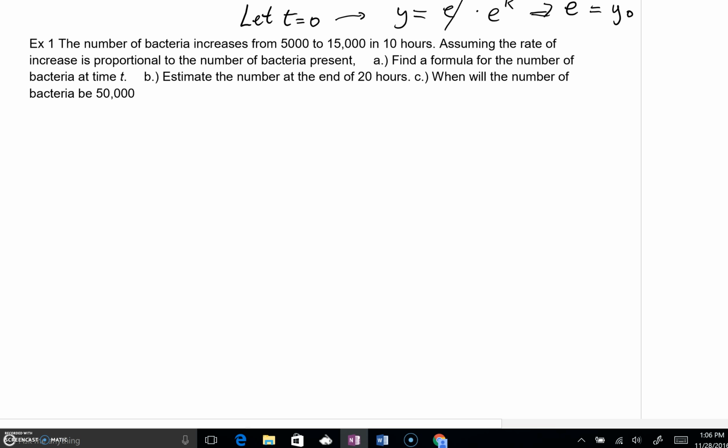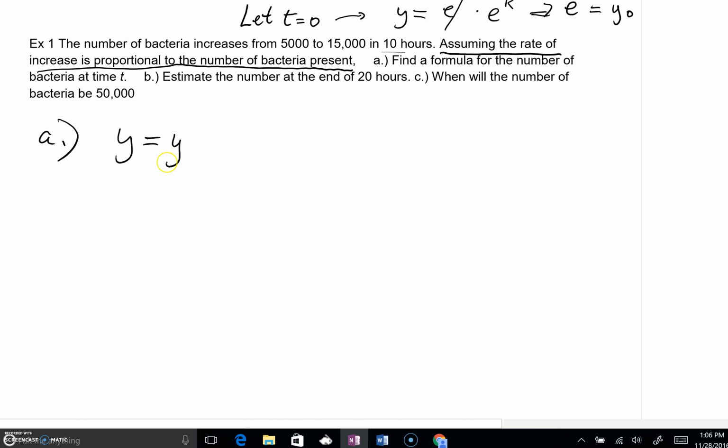And it is. If they're telling you that the number of bacteria increases from 5,000 to 15,000 in 10 hours, assuming the rate of increase is proportional to the number of bacteria present, we can find a formula for the number of bacteria at that given time.